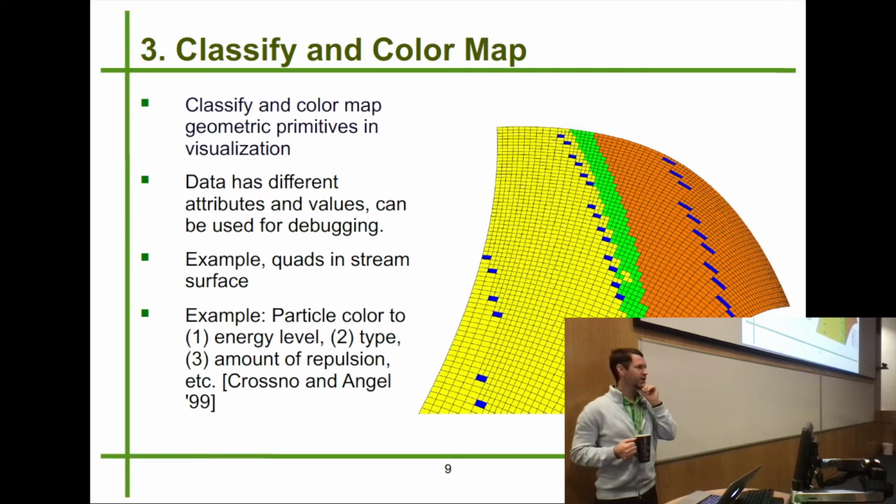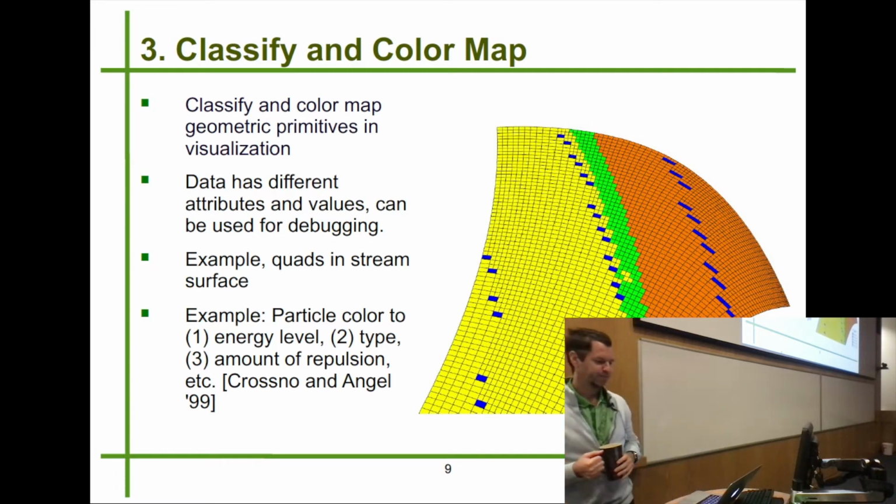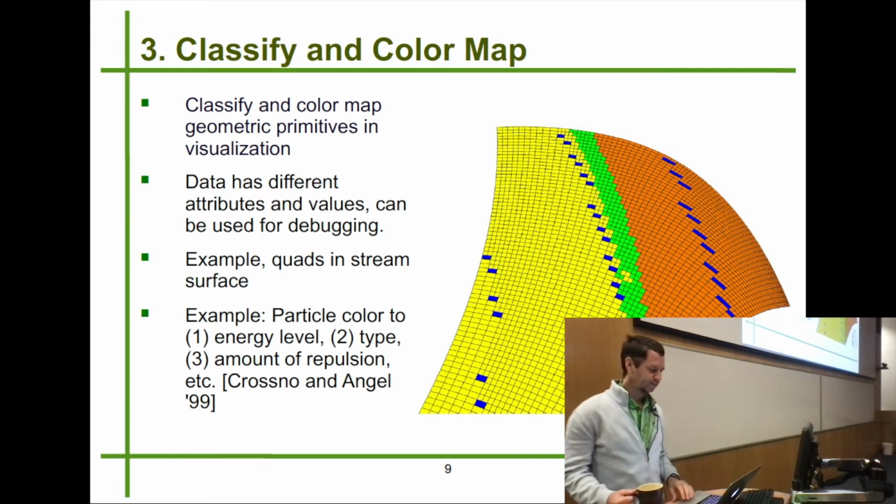Has anybody heard that word before? Tetrahedra is a pyramid shape, right? It's a 3D triangle, three-dimensional triangle. Cubes could be another example. Textures, circles. That's what I mean by the smallest unit of display. Data has different attributes and values that can be used for debugging.